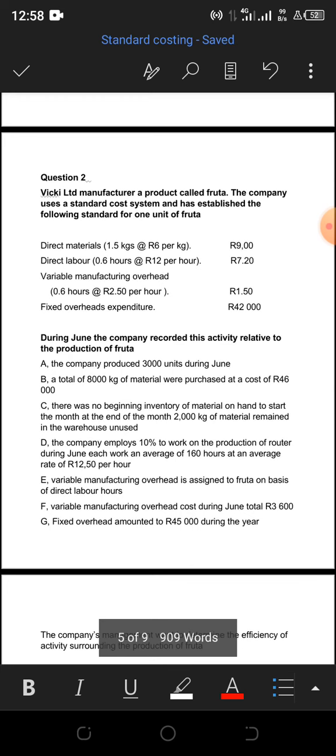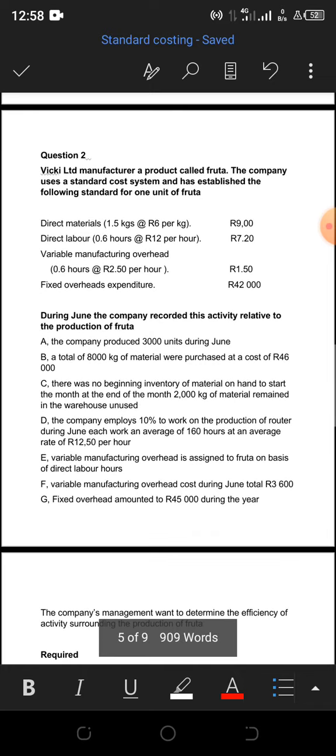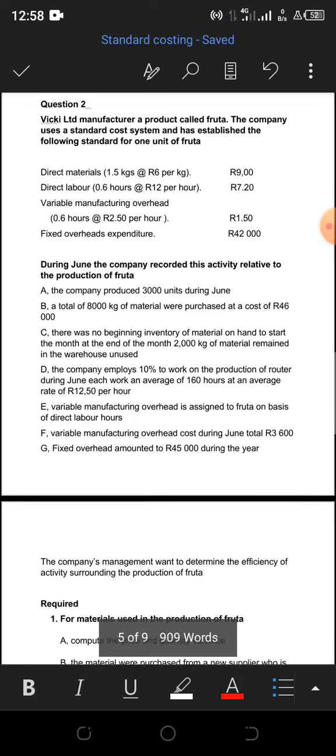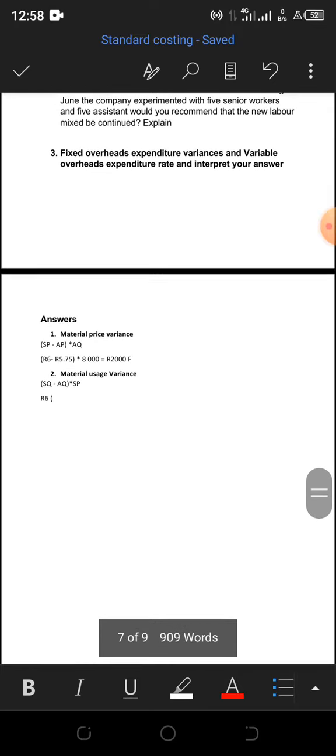And on this formula, we focus on used material. Please take note of that. So if you have a balance at the beginning, you would firstly add it to purchases, then subtract the closing so that you get the material usage. So material usage in this case is 8,000 minus 2,000.